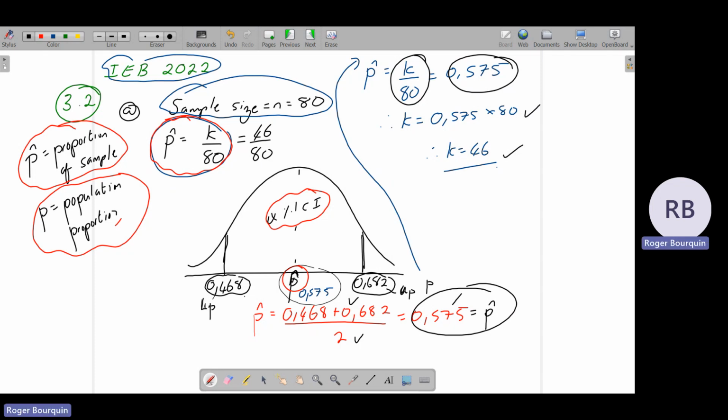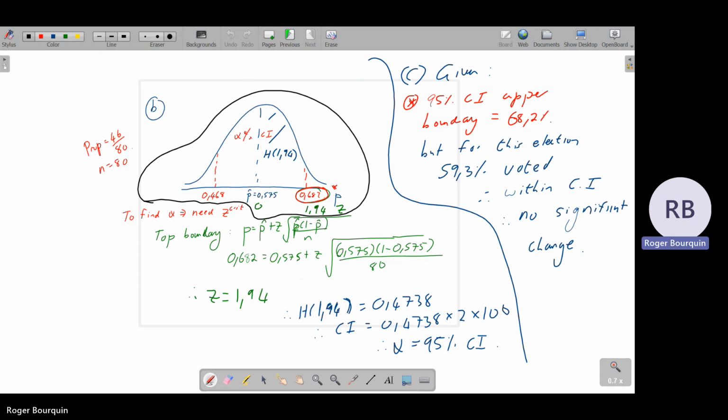Right, so now in the next question, B, it says, hence find the value of alpha. In other words, you have to find your confidence interval to the nearest percentage. Now, in order to find a confidence interval, we need to find the z-score for one of the boundaries.